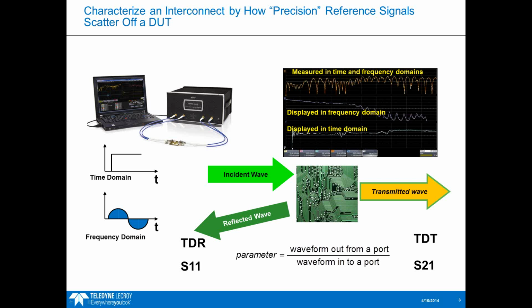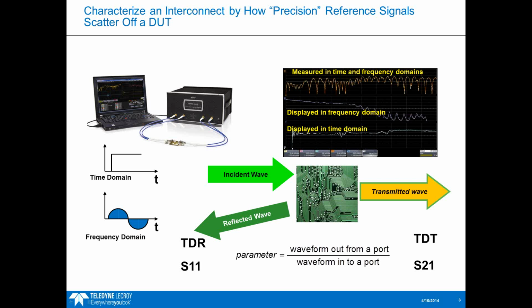How do you characterize a back-to-back test fixture? The reason you do this is to measure the S parameter of the fixture for de-embedding. There's something I didn't really get into in this presentation, which is how do you actually connect the Spark or whatever VNA you're using up to the thing that you want to measure. That's a whole other topic that you could spend a long time talking about.